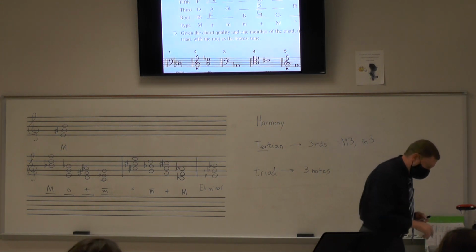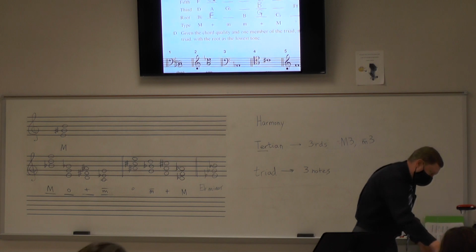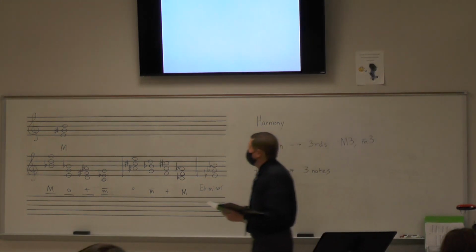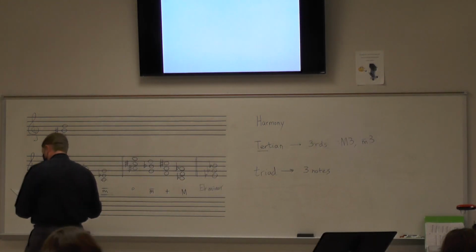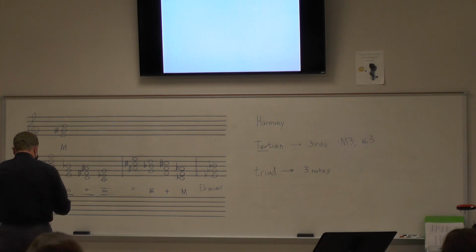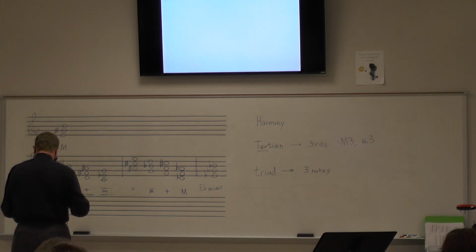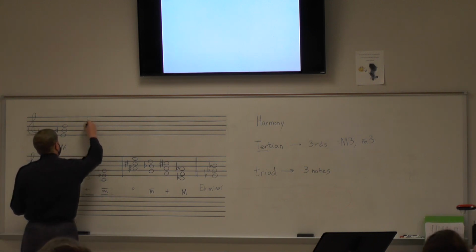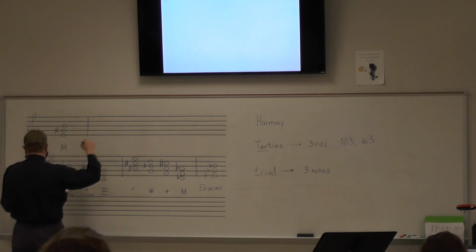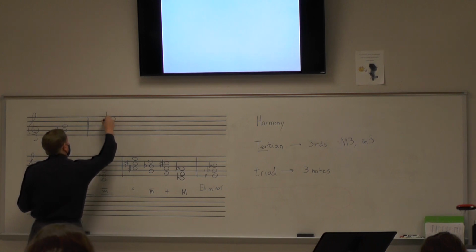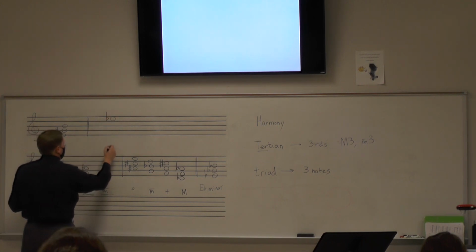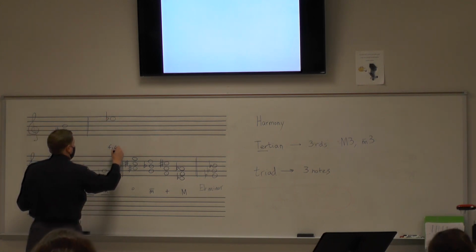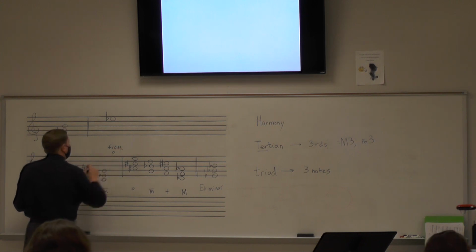Okay, and then last but not least, let's do one of these on the board, and then I think we'll be out of time. This comes from section D, and again, you'll have some exercises like this in your homework for Friday. Okay, so we're in treble clef still, and let's say you're given the note as an E flat, and you're told that that is the fifth of a diminished triad.